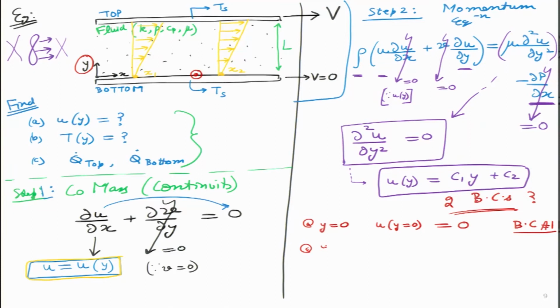And what is the next boundary condition I can write at y equals to L? Can I also apply the no slip condition here? The answer is yes. Wherever the solid and liquid are in contact, on the shirt, on the pen, everywhere, that solid convinces the fluid to attain its own velocity.